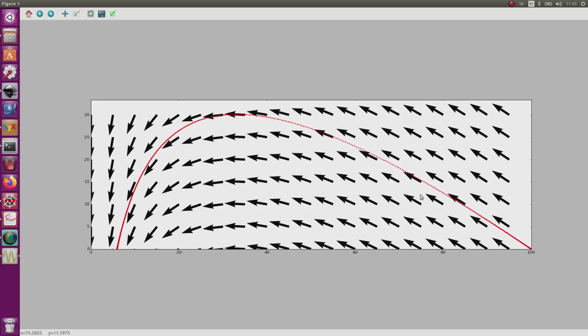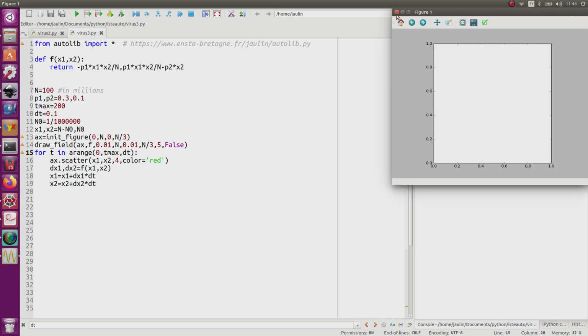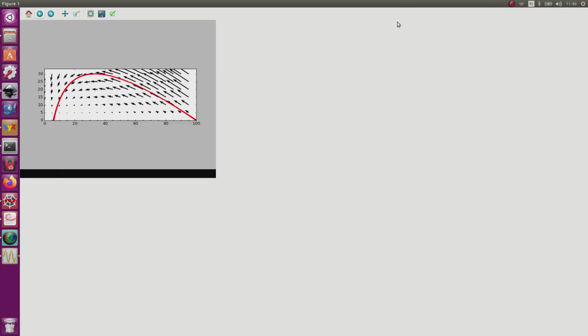So it gives me the direction of the evolution. But if I want the real one to have a better interpretation, then I will put here in the vector field false, so meaning non-normalized. Then I obtain this.